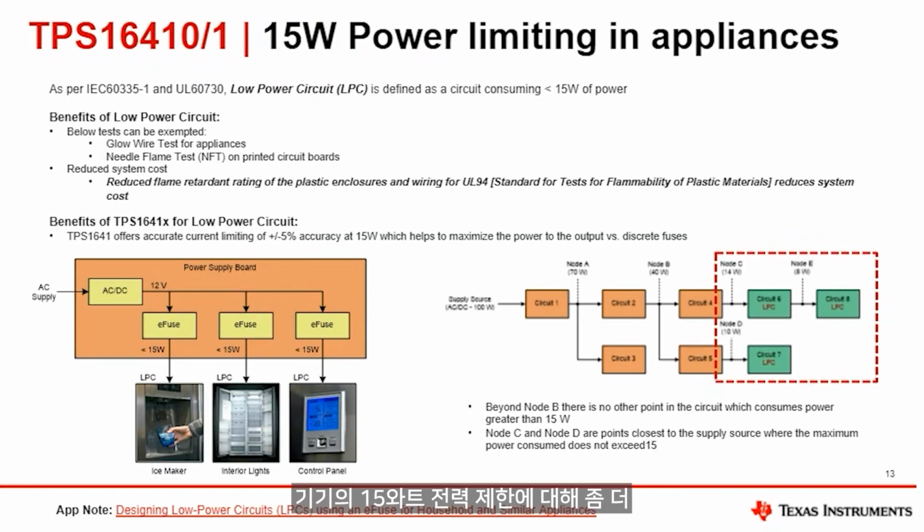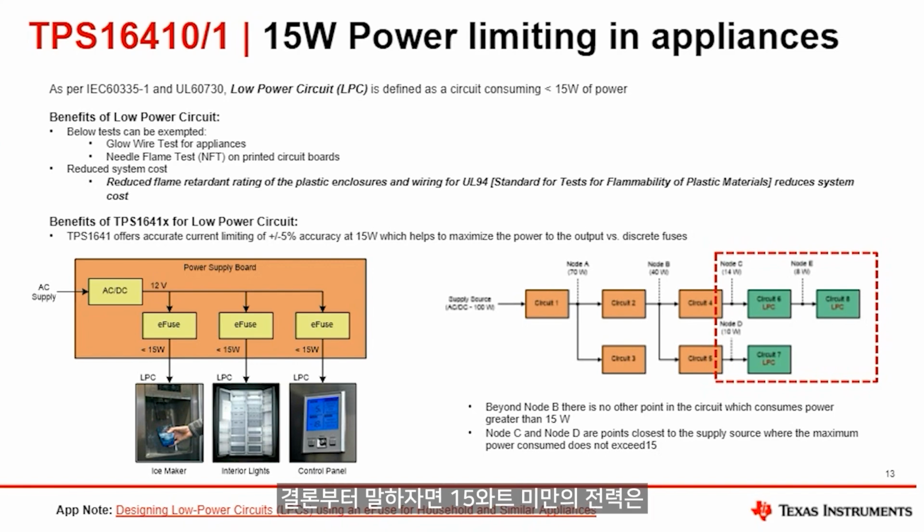Cool. So to dive in a little bit deeper on 15-watt power limiting in appliances, as per the IEC 60335-1 and UL 6730, a low power circuit is defined as a circuit that consumes less than 15 watts of power. So what really are the benefits of having a circuit defined as this?